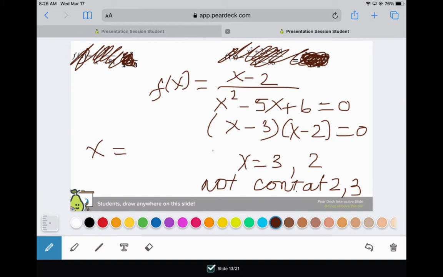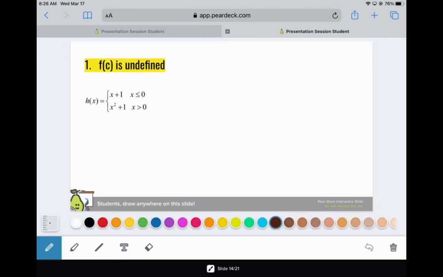Okay, let's look at continuity, but instead of a function like this, we're going to look at a piecewise function. A piecewise function is when you have 2 or more functions put together, and the graph is not like one function. You have a bunch of pieces put together, okay? And we're going to figure out if the function is continuous or not.